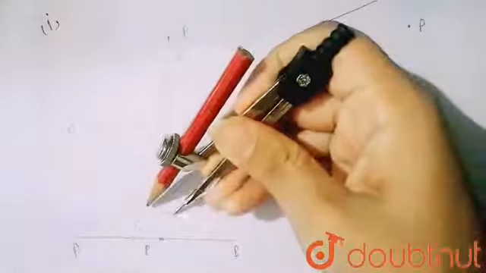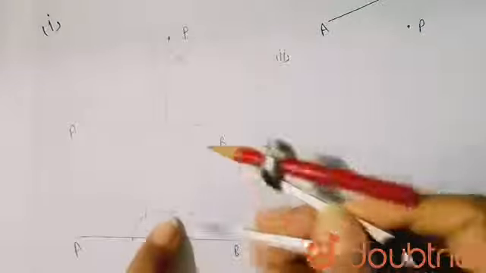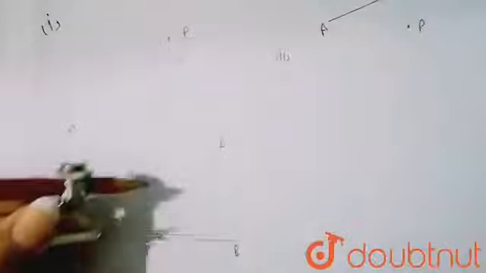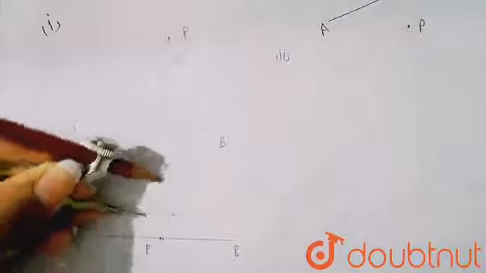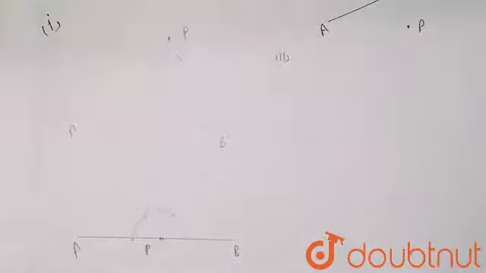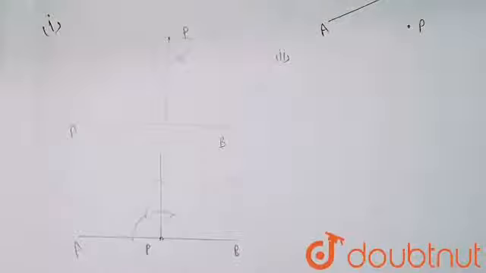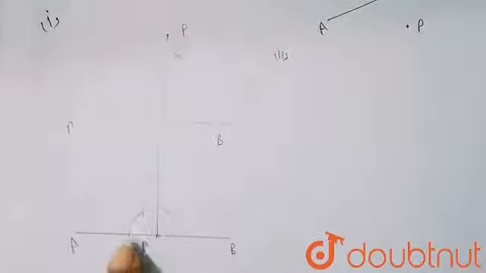Similarly, at this point, I will cut an arc here. Now at this point you will cut an arc here. Similarly, by putting at this point you will cut an arc here. So a line passing from P will go like this. So you can see this is my perpendicular of AB in the second part.